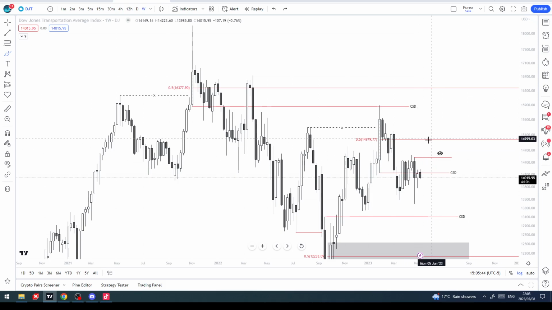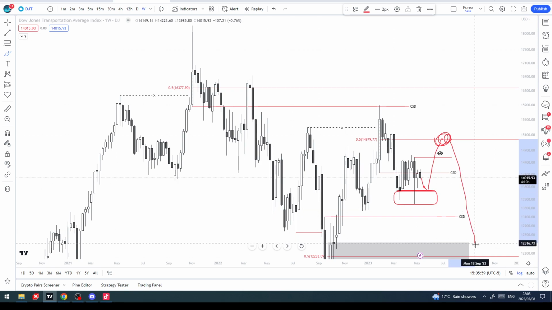Now, same issue here. This is sort of acting like a rejection block. You can see the wicks to the downside. You could see price come back in here and then go for this here before it goes down here.